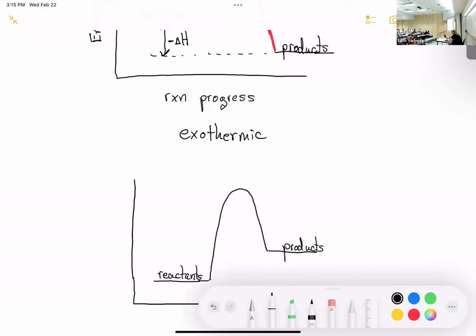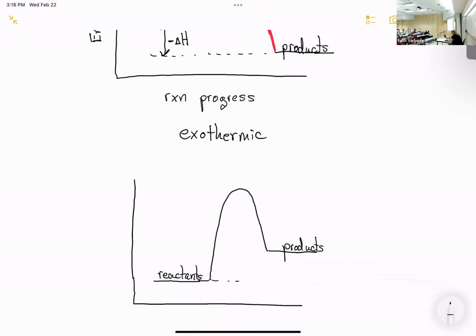That energy of activation is the distance between the reactants and the top of the curve.